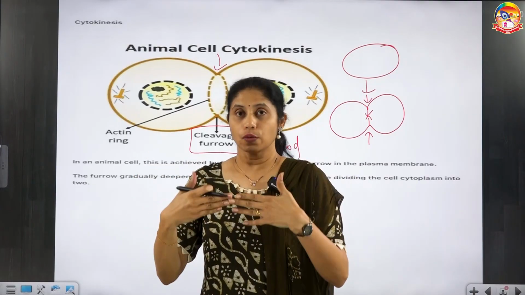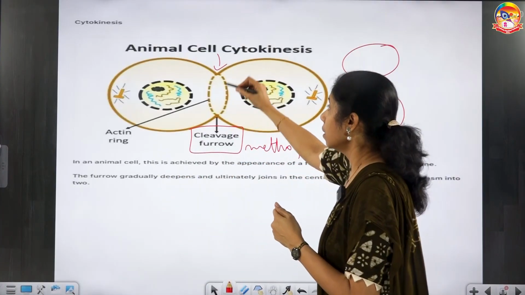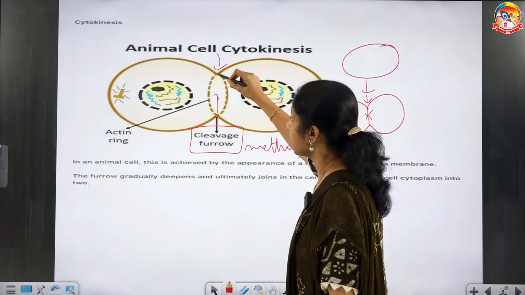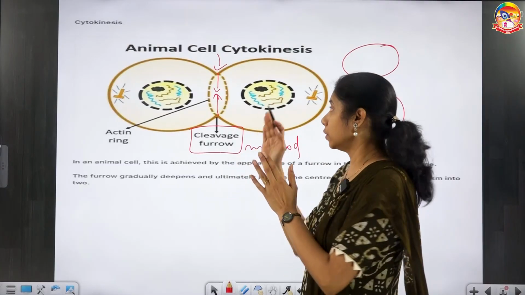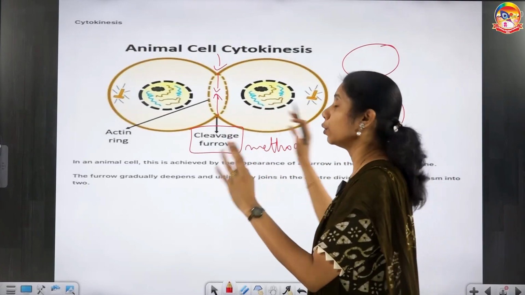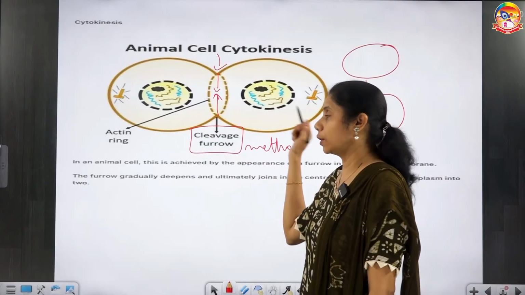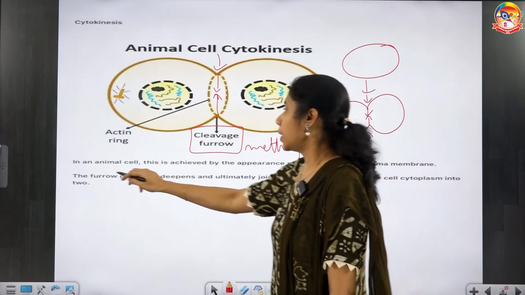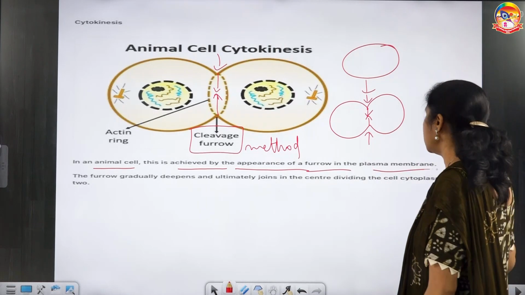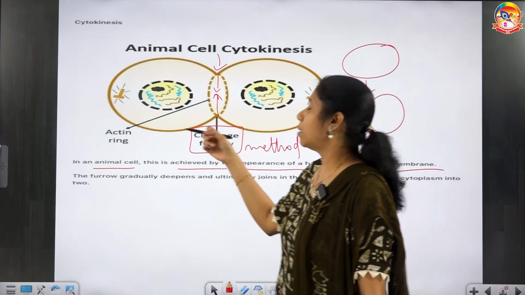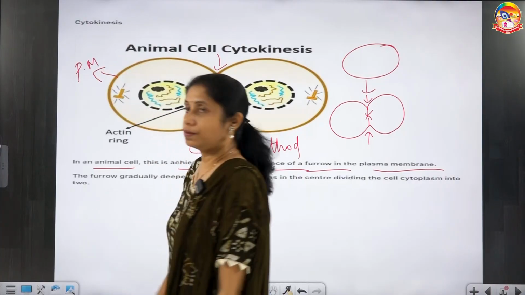Once it grows towards the center, the cleavage furrow is formed in a centripetal manner, and the cytoplasm of this parent cell will be dividing into two. All the cell organelles also will be distributed equally to the daughter cells. So in animal cells, the cytokinesis is achieved by the appearance of a furrow in the plasma membrane. In the animal cell, this is the plasma membrane only, not the cell wall.